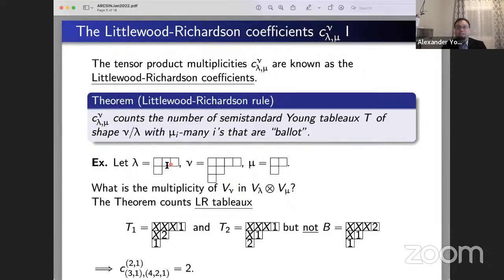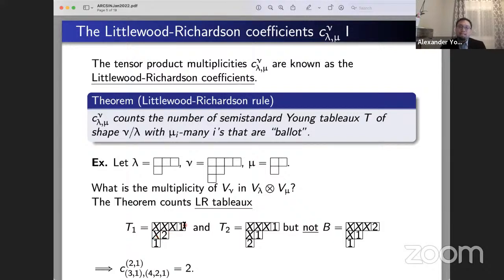So lambda here is going to be this Young diagram, mu is that Young diagram, and I want to see how many times this big guy appears. And the way the theorem works is that I take this biggest shape and I take away the parking spots from lambda in the northwest. Okay, so I cut that out. And if lambda doesn't fit inside nu, then the coefficient will be 0 by fiat. So we're going to assume that that's possible.